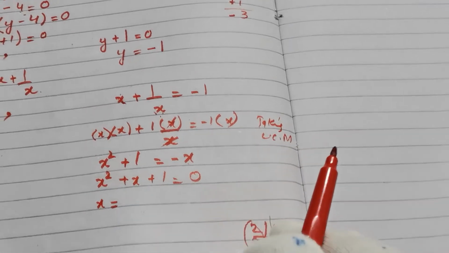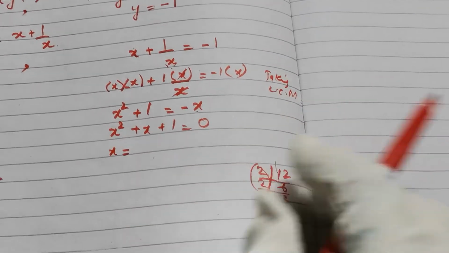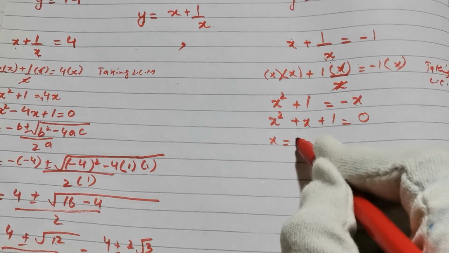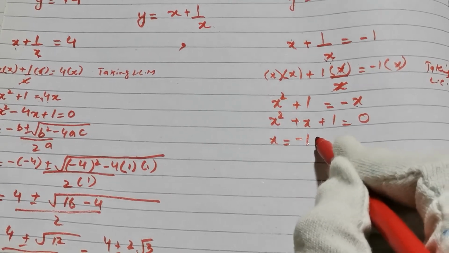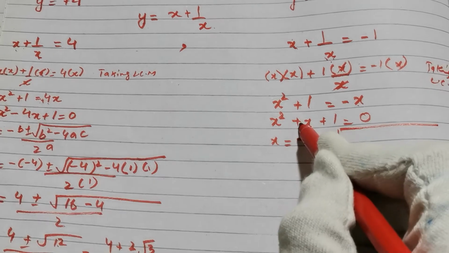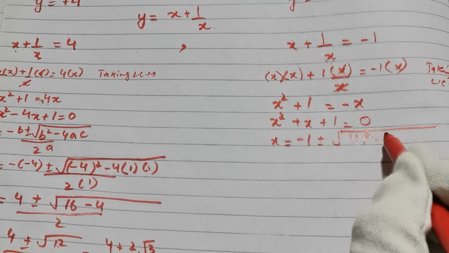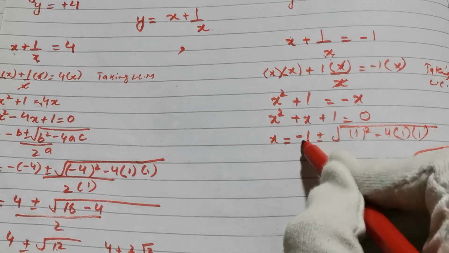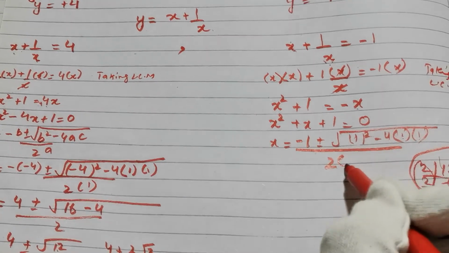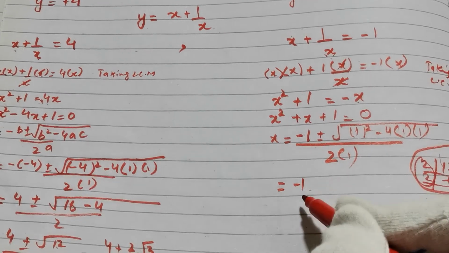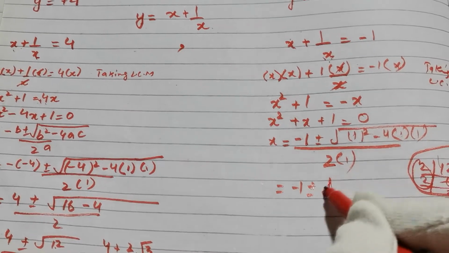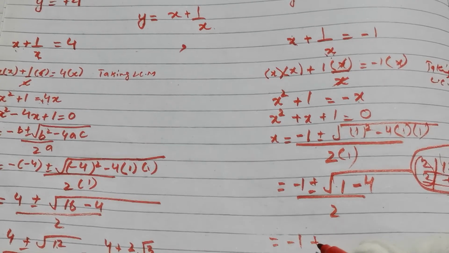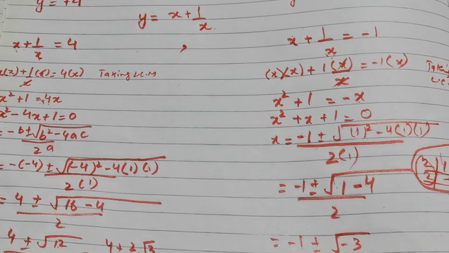x is equal to minus b. b is 1, minus b plus minus under root b square, b is 1 square minus 4, a is 1, c is 1, divided by 2 into a is 1. So minus 1 plus minus under root 1 minus 4 divided by 2. Minus 1 plus minus under root minus 3 divided by 2.